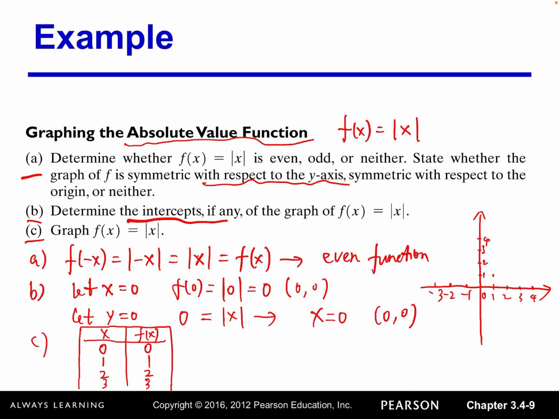That's one of the points. 0, 0, of course. 1, 1, and then 2, 2, and then 3, 3, and then 4, 4, right? And then it goes forever. So that's why the arrow means it goes to infinity. And then graph symmetric with respect to the y-axis. So just flip over the y-axis, and then we can easily see, right?